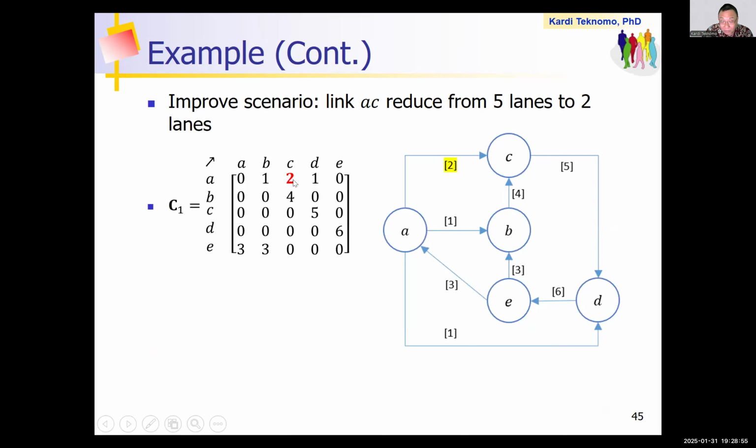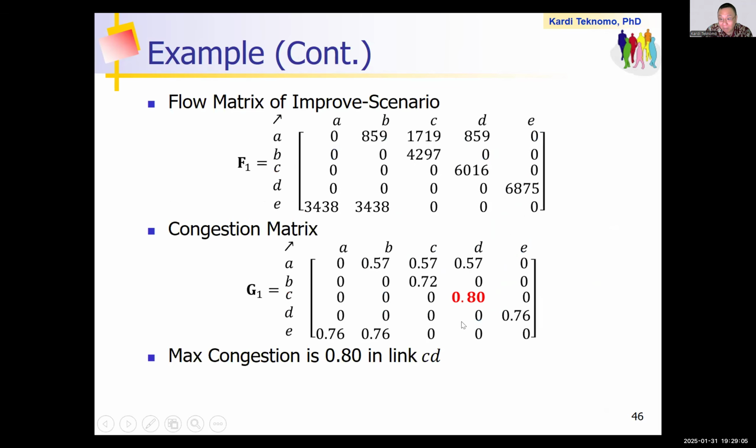See, I remove lanes, from 5 lanes to 2 lanes. Then what will happen? Oh, actually congestion becomes better. It becomes 0.8, instead of 0.85. So it changed the values on the location.